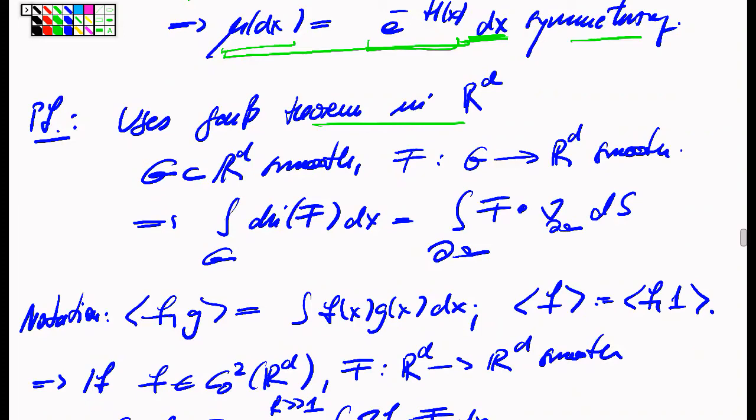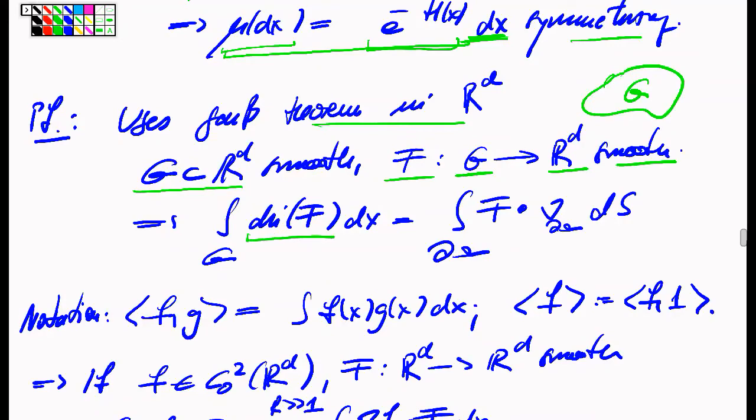The statement of this Gauss theorem, just to let you know and remind you, is as follows. Suppose you have a smooth, say, bounded domain in Euclidean space, so just some set G, which has a smooth boundary. And suppose you have a vector field, which is defined on this set, which is a smooth vector field. Then you can compute the divergence of this vector field, and you can integrate that divergence over the set G. The divergence of a vector field is a scalar function.